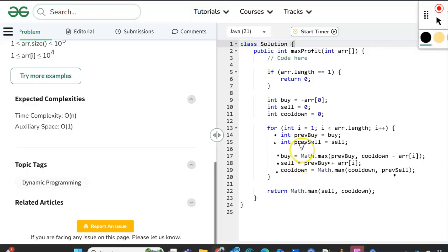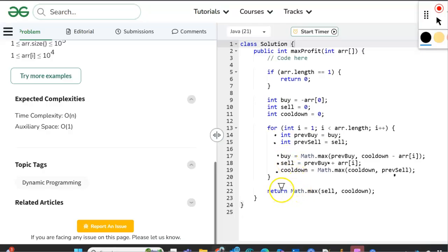Other ways to do this that would violate the O(1) constraint would be you could have arrays for buy, sell, and cooldown, but again, we don't care about anything except the previous day, so we don't need the whole array.